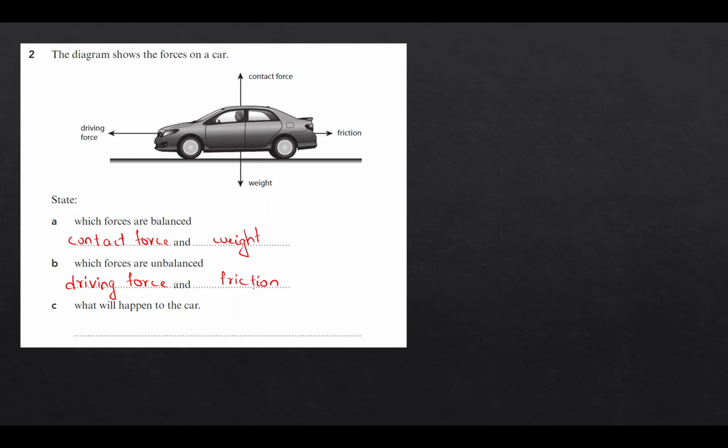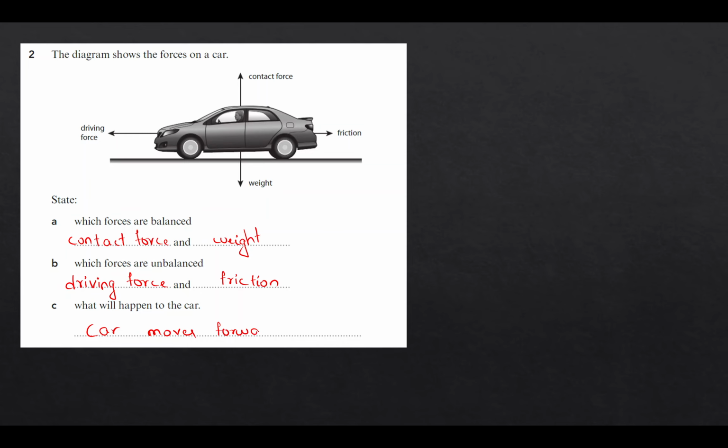So these two are unbalanced. Now, what will happen to the car? The car will move in the forward direction, or you can say the car moves in the direction of the driving force, because the forces are unbalanced here. So let's write car moves forward.